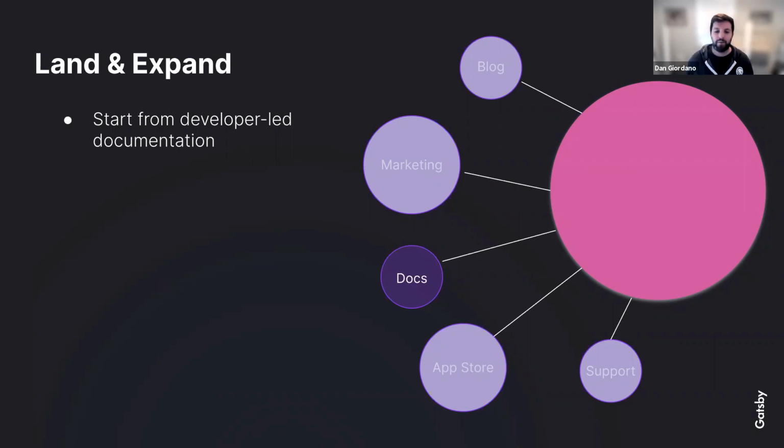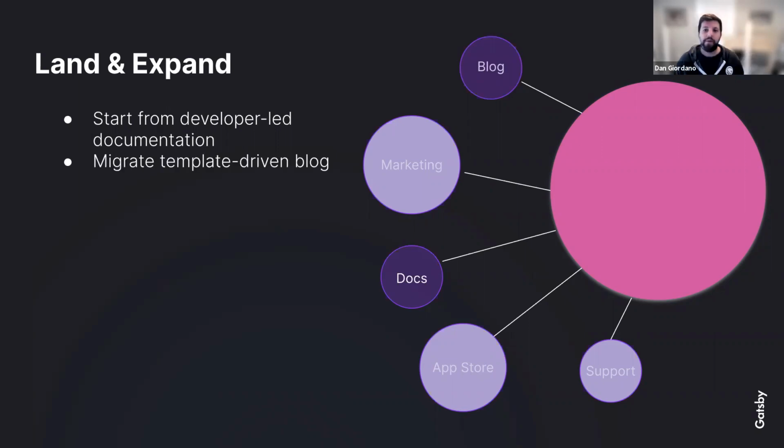One of the ways that Gatsby can really grow with them is this land and expand model. So start from maybe developer-led documentation, or see a client that has documentation that is in Gatsby, and then maybe talk about migrating their blog from WordPress or Drupal into a Gatsby infrastructure, into a headless concept.